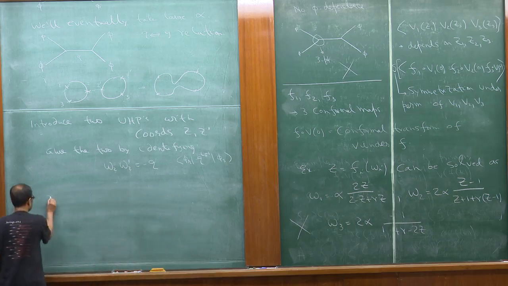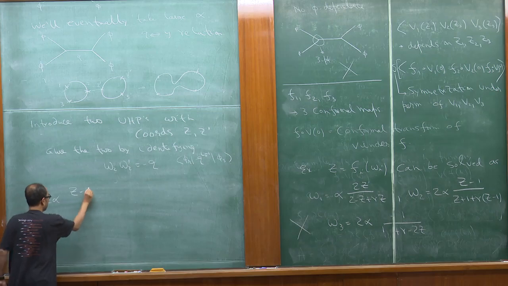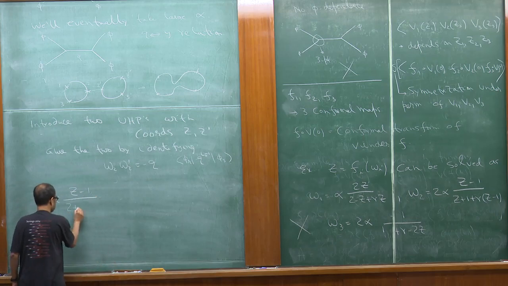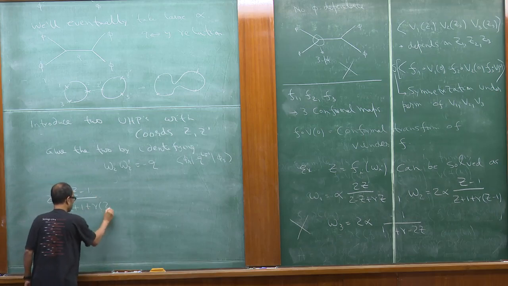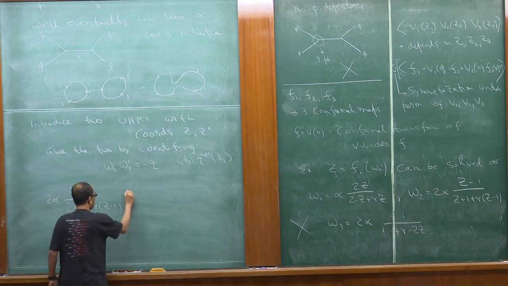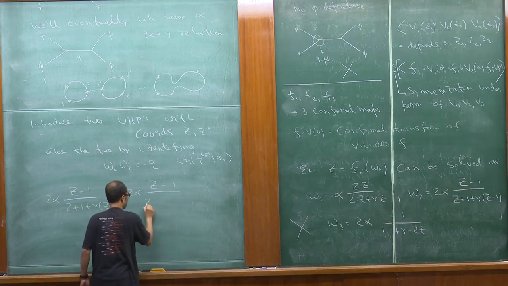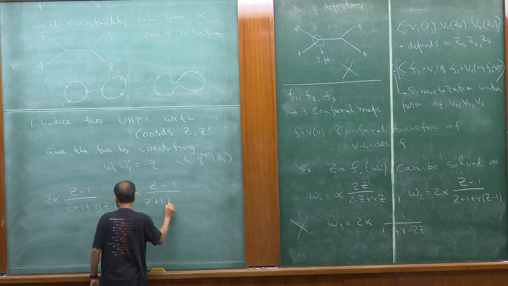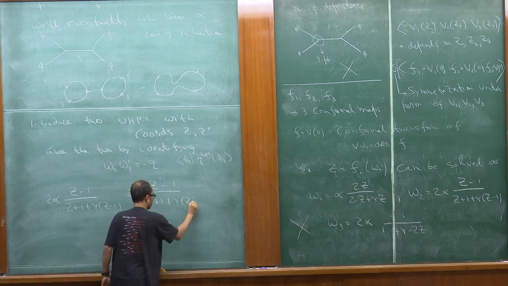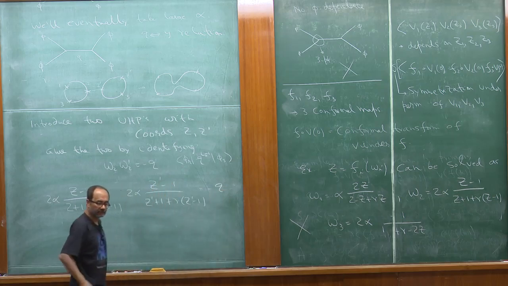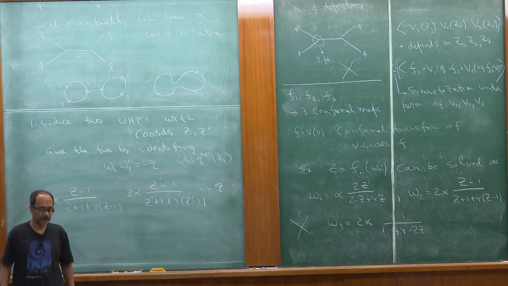2 alpha times (z minus 1) over (z plus 1) plus gamma into (z minus 1), times 2 alpha (z prime minus 1) over (z prime plus 1) plus gamma into (z prime minus 1), equal to minus q. That is all we did.